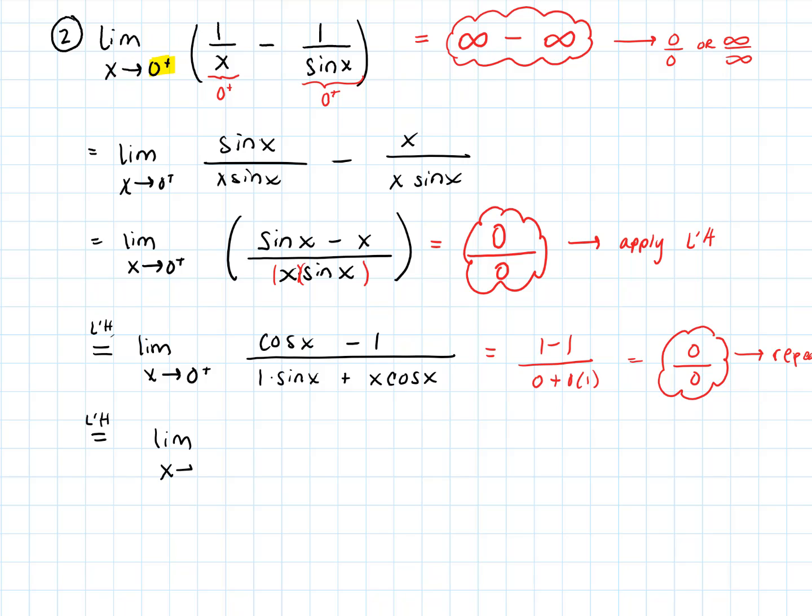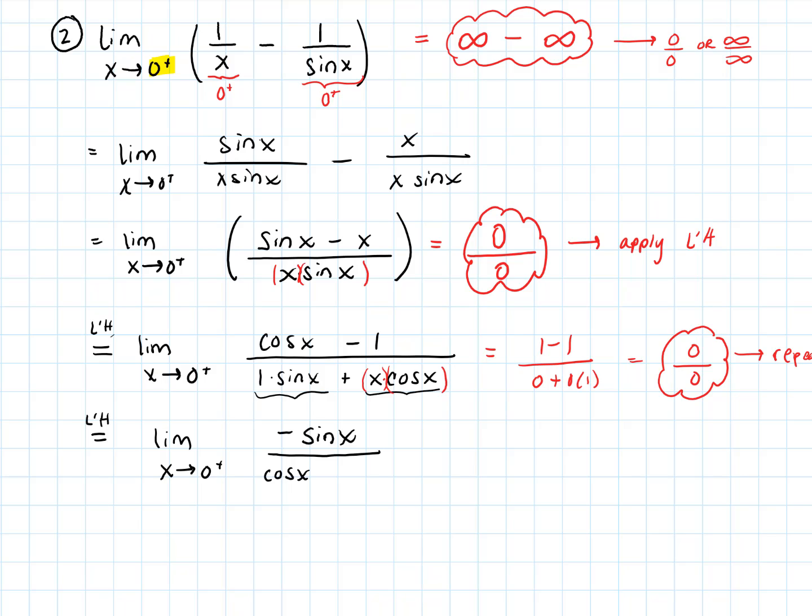So now we're taking the limit as x is approaching 0 from the right. The derivative of cosine is negative sine. On the bottom, I have 2 terms here. So the derivative of sine of x is cosine of x. Here I have to apply product rule again because I have x times cosine of x.